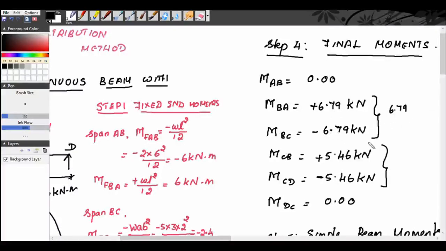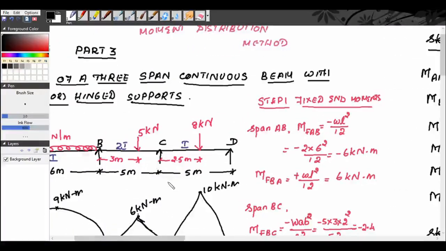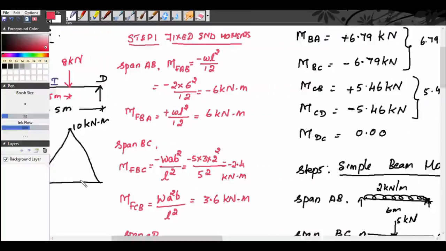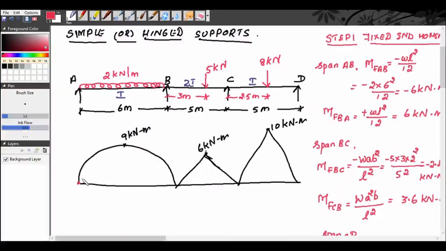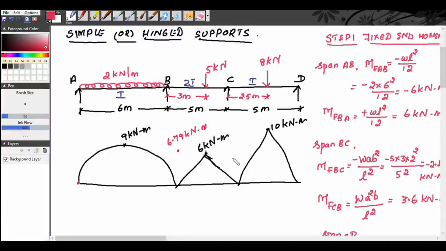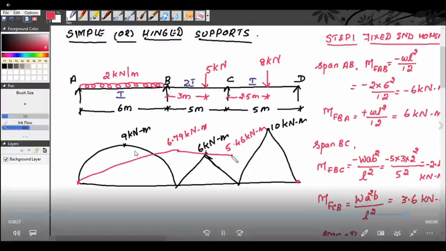It is 0 at A, plus or minus 6.79 at B, plus or minus 5.46 at C. Okay, that means C plus or minus, right?